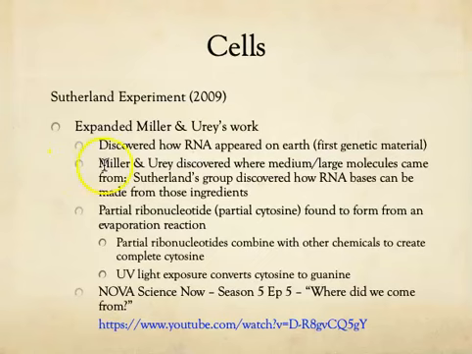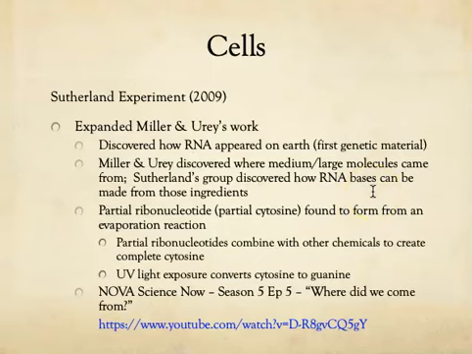So it was Miller and Urey who showed us the possibility of chemical evolution producing these small and medium and even larger molecules. Sutherland's group then showed how those small, medium, and larger molecules could have combined to produce some of the bases that are found in RNA.